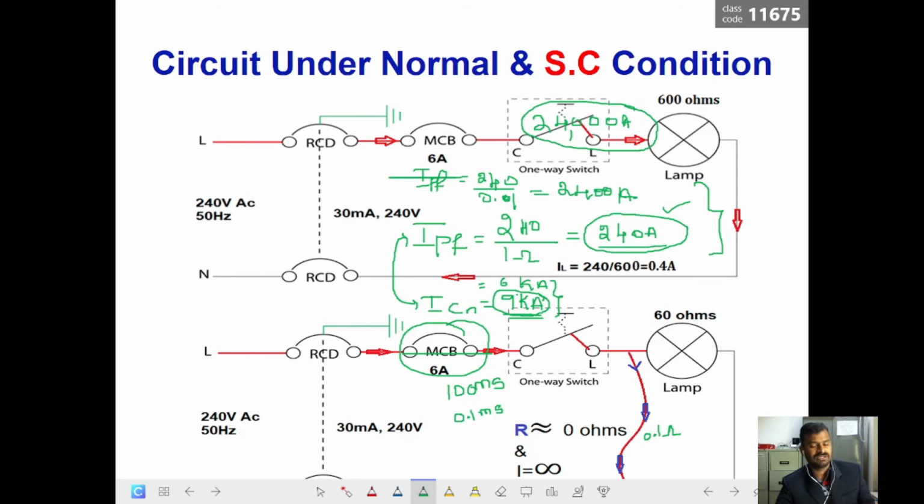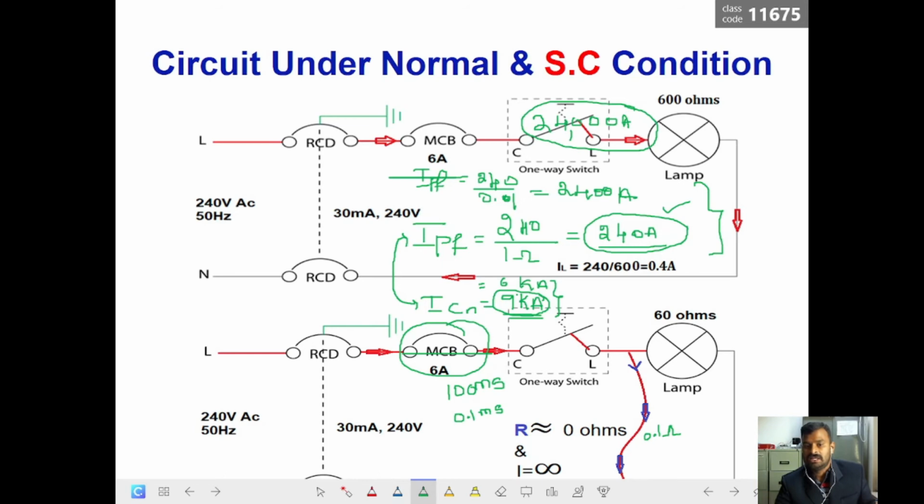ICN is a capacity given by the manufacturer for how much short circuit current the MCB can handle, and IPF is the actual short circuit current. It could be 20 amperes, or 2000 amperes, or 24,000 amperes. It can be anything, so we cannot predict. It is based upon the circuit, the power source, and the type of fault which has happened.